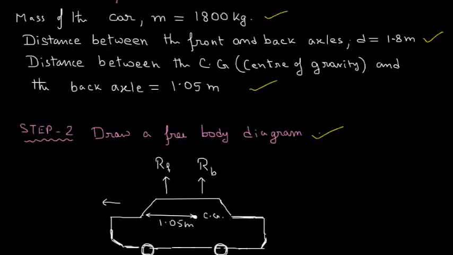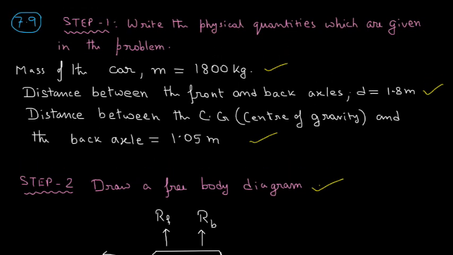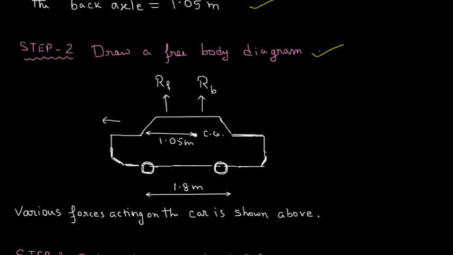Now in the second step, we'll draw a free body diagram according to the problem. In step 1 we have written all the known physical quantities. In step 2 we create a free body diagram, which is given below. The important point is we'll write the values of the known figures which are given. And these are the two reaction forces.